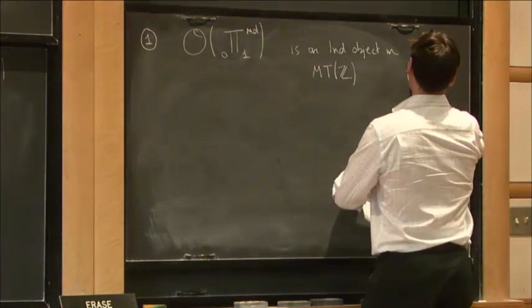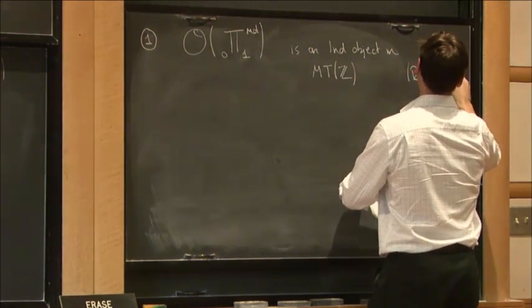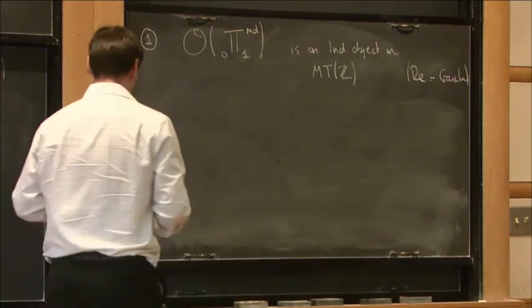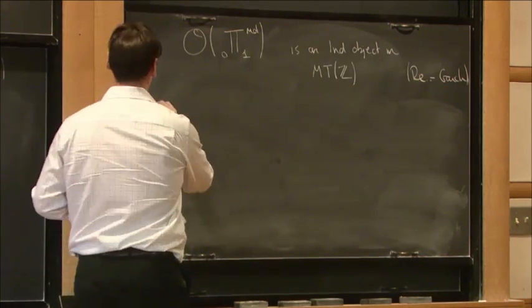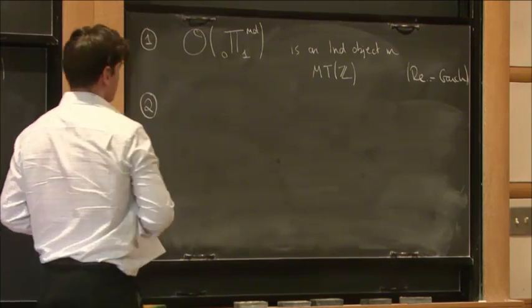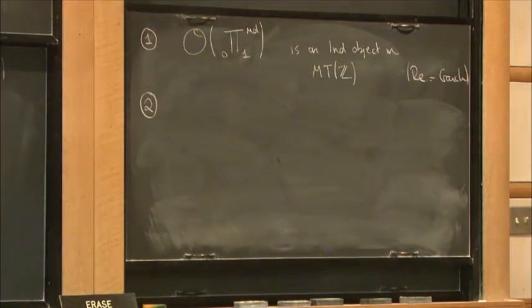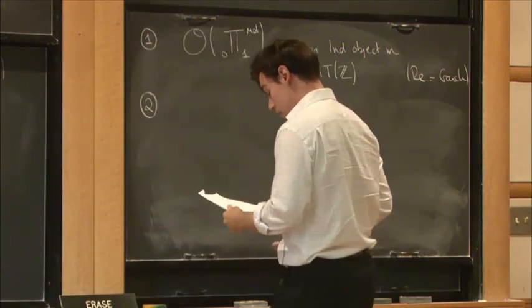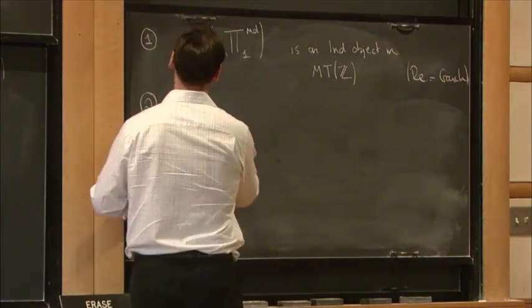So this is a theorem due to Deligne and Goncharov, which is much more general than this, but I'm only going to consider this. Now, unfortunately, there's some input that comes from outer space, and this is one of the major failings of this theory, that you have to appeal to some different part of mathematics.